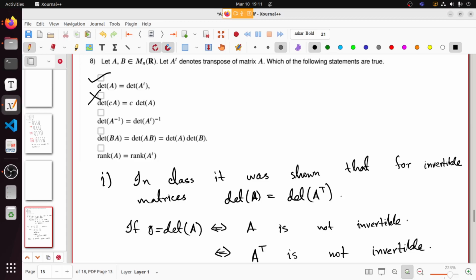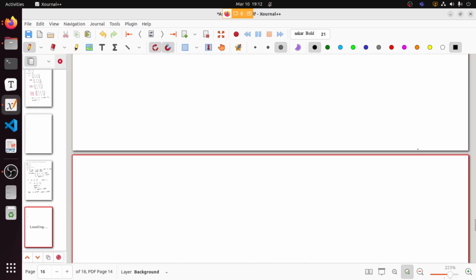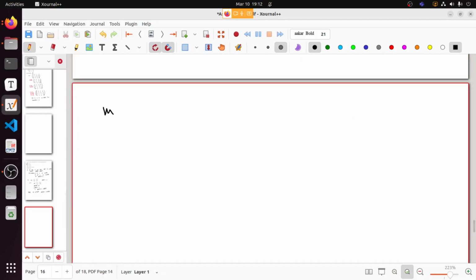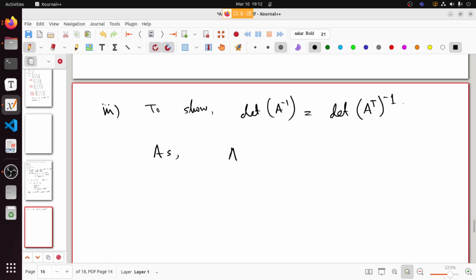Now let's check option number 3. Determinant of A inverse is determinant of A transpose whole inverse. We will show this is correct. We have A inverse times A is identity, right?